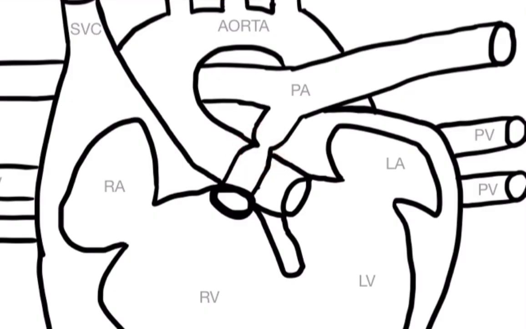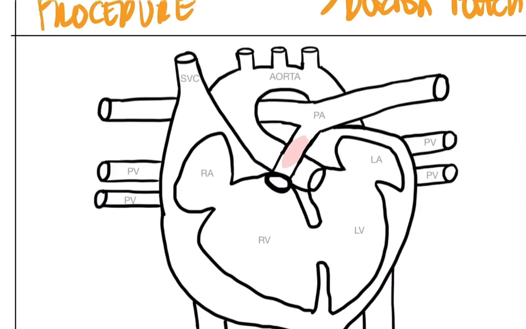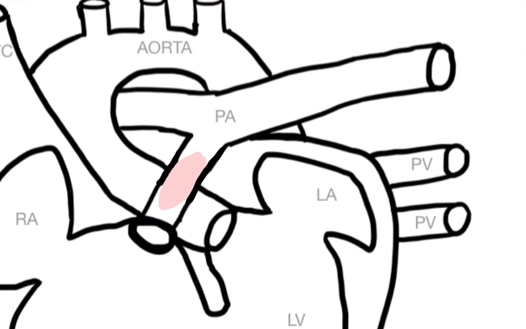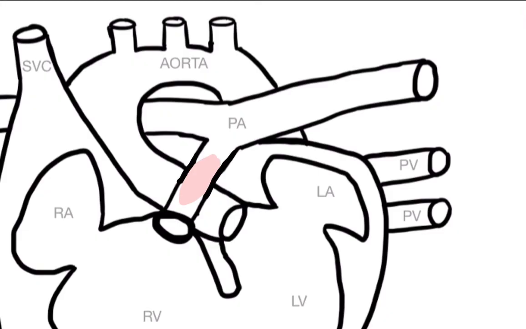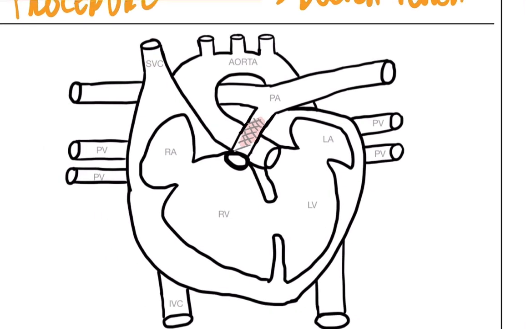So if we can deliver over here a balloon, and then inflate it so that it can open up, we keep a stent here to keep it open like that. That solves our pulmonary stenosis, right?